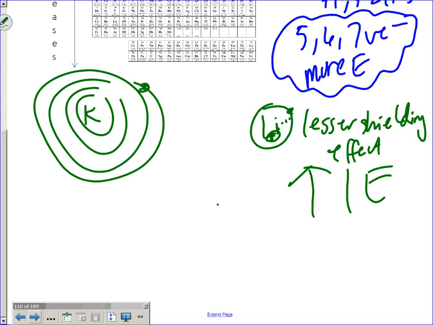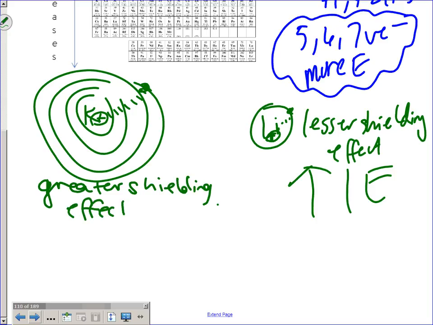All right, so I'm comparing these because they're in the same group. Potassium's nucleus is in here. What's happening here? Right, it's so far away it doesn't even know it has a valence electron, so it has a great shielding effect going on, meaning it has high attraction or low attraction for its valence shell? Low attraction.